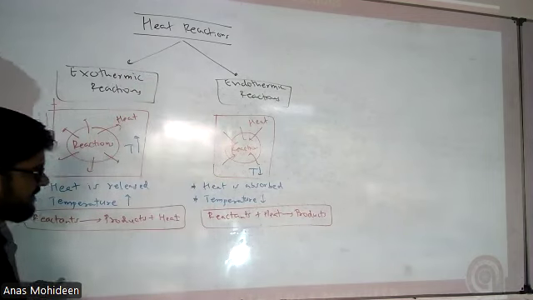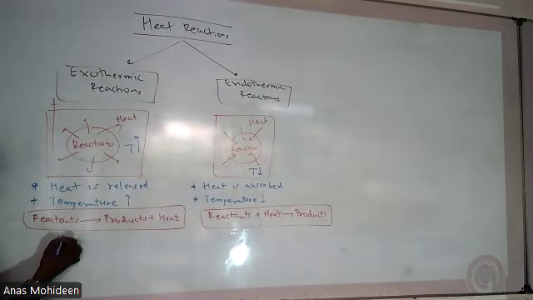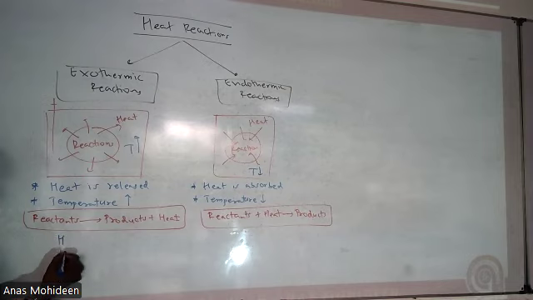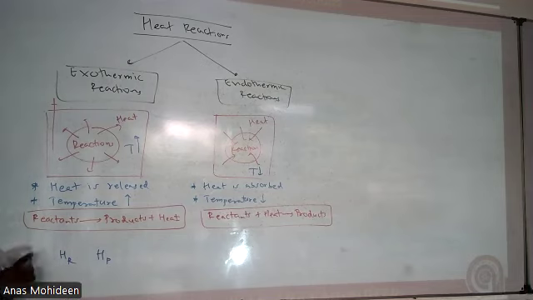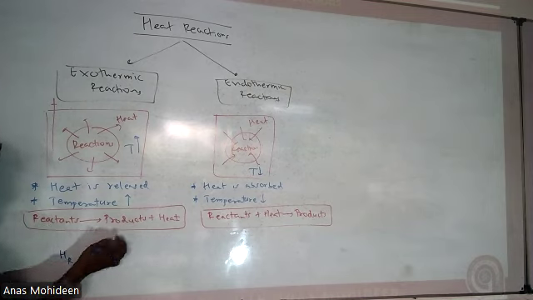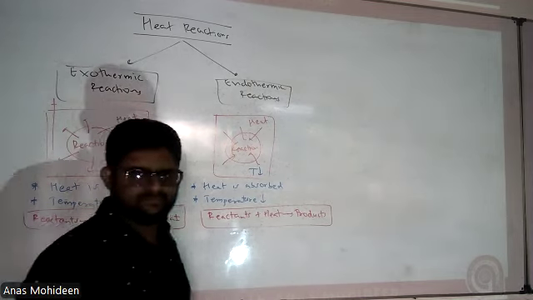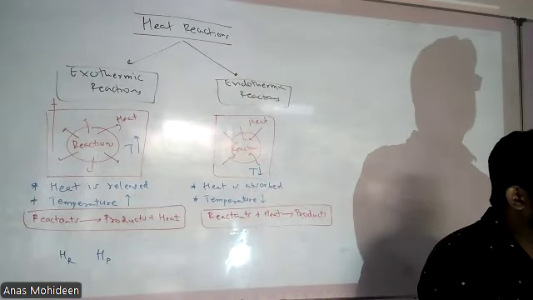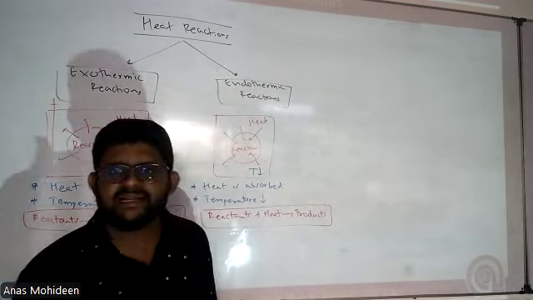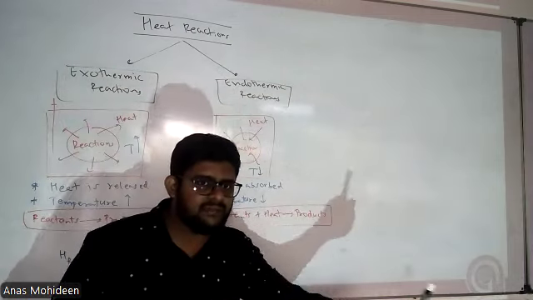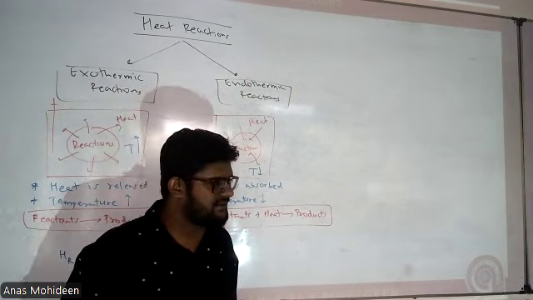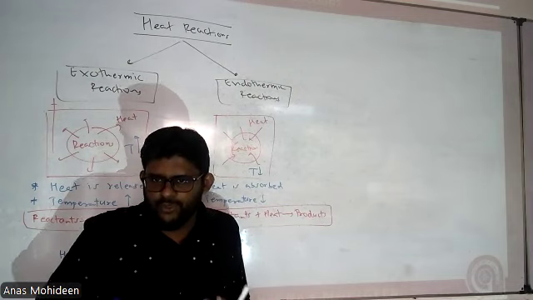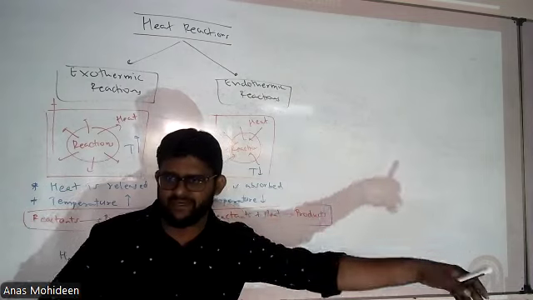So now, when I take the heat of the reactant and the heat of the product, I was 1000, releasing 200, and I become the product of 800. Reactant 1000, product 800, because you are releasing out heat.